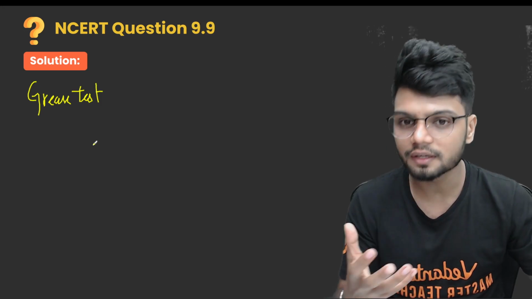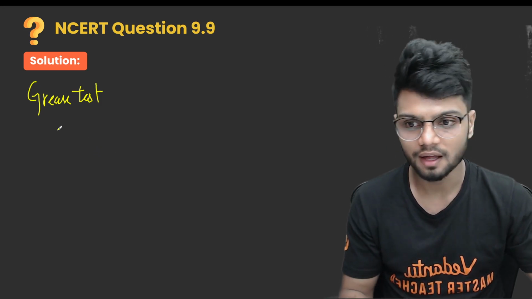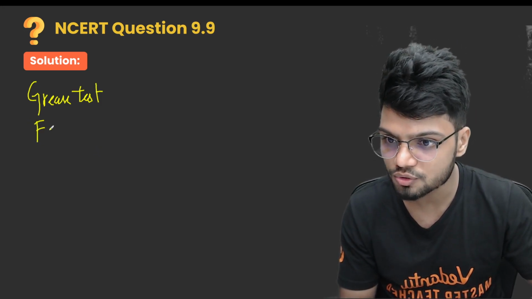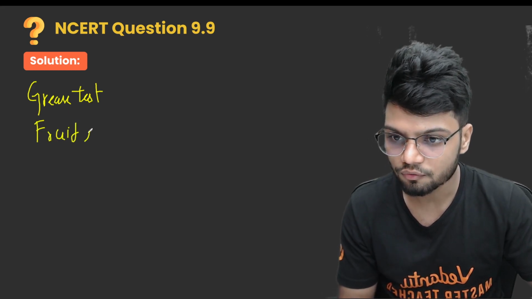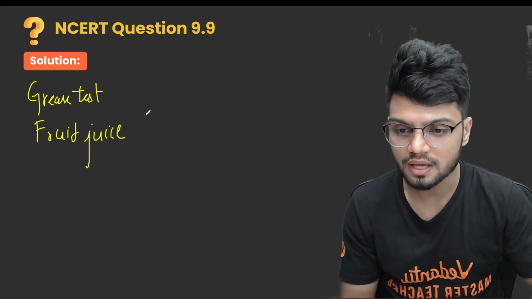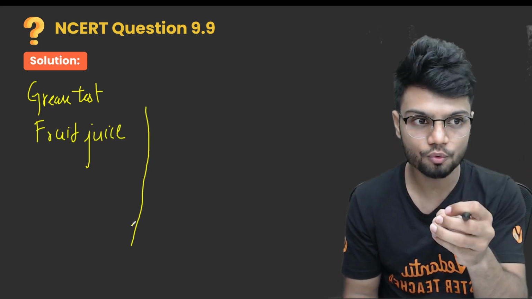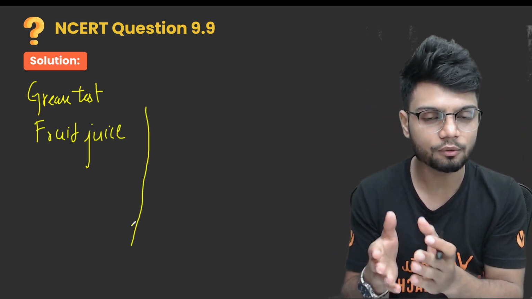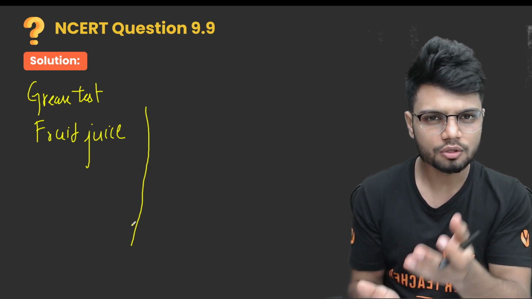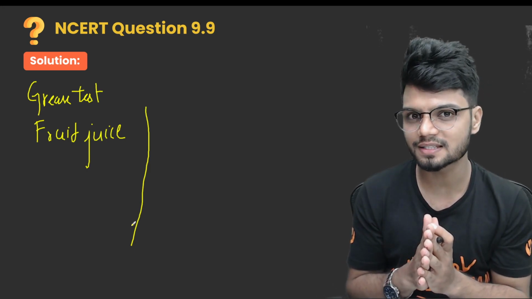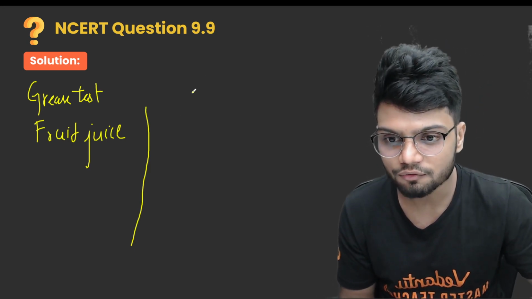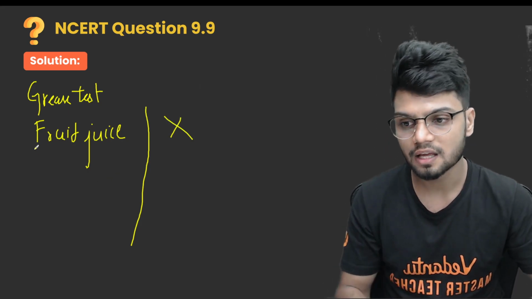Now let's look at the different substances. First we have fruit juices. If you take a drop of fruit juice and add it onto the paper, does the fruit juice have oils and fats? Absolutely not. The fruit juices will not have fats.